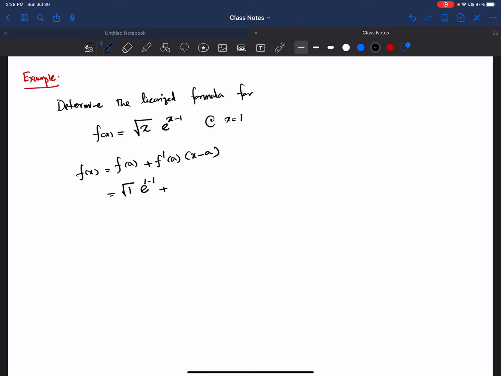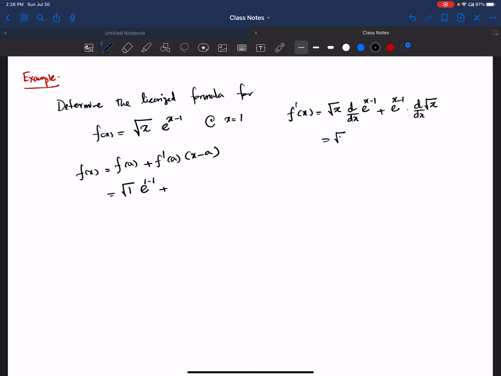So f prime of x is equal to square root of x times d over dx e to the power x minus 1, plus e to the power x minus 1 times d over dx square root of x.